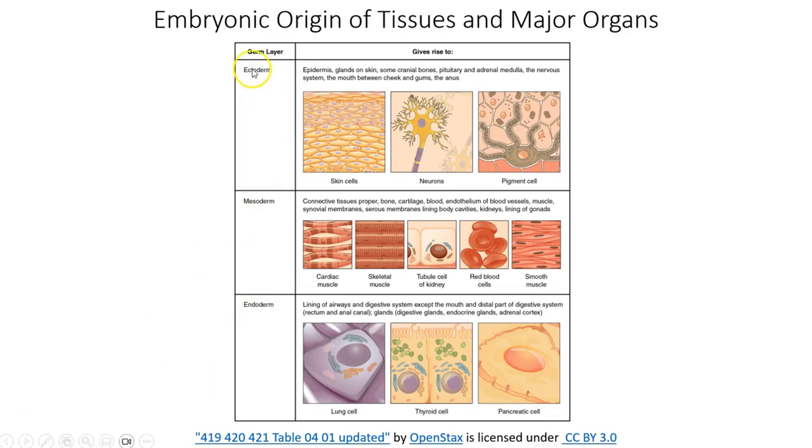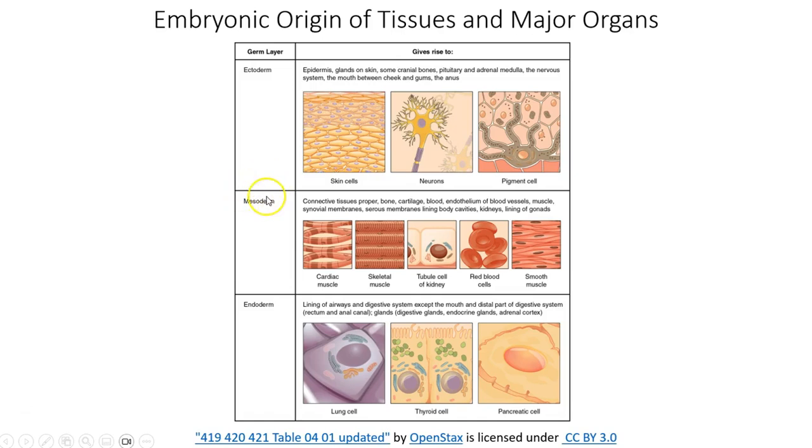So that ectoderm layer is going to result in the epidermis or skin, glands on the skin, some of our cranial bones, so the bones in our skulls, just some of those, the pituitary gland and adrenal medulla, the nervous system, and the mouth that's between the cheek and gums. So the cheek and gums are not coming from this ectoderm layer, and then the anus also is going to come from that ectoderm layer.